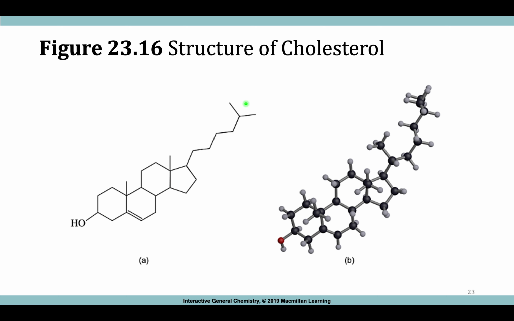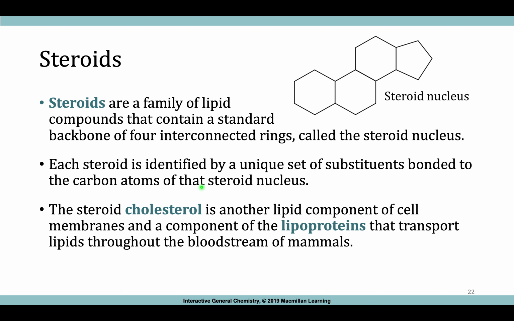But notice that it does share the structure of those other lipids, in that you have this polar head group here. It's not very large, just an OH group, but it is polar. And then you've got this really non-polar region here. So it also becomes a structural component of cell membranes and things like that. So what about other hormones?